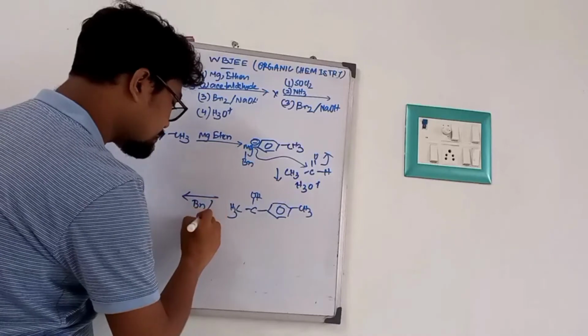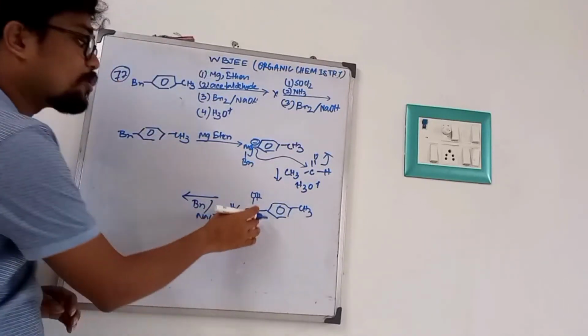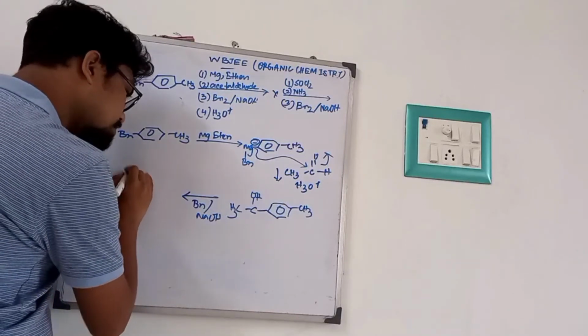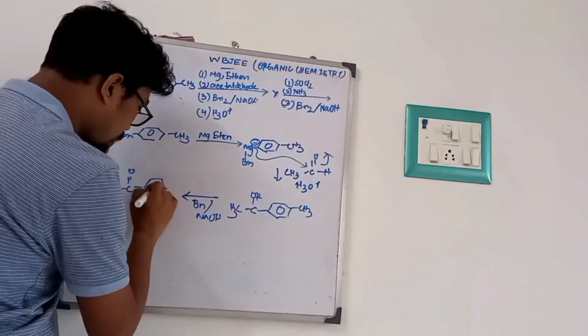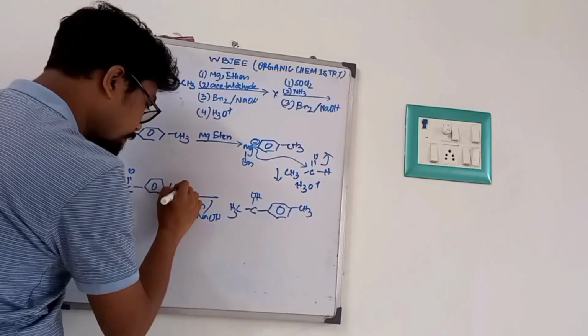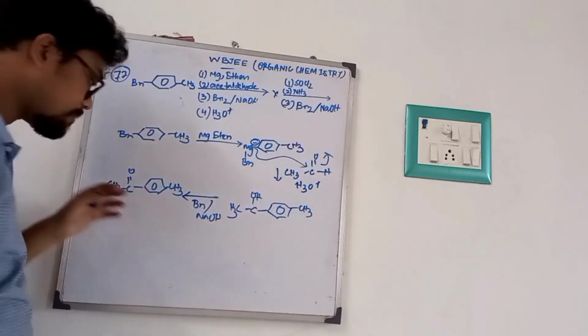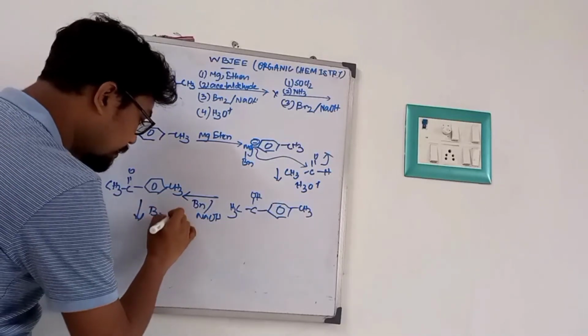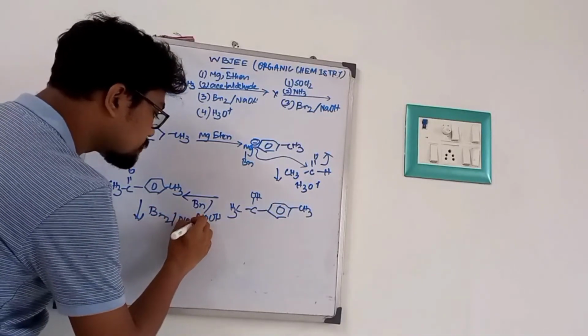Br2 with NaOH can oxidize this one, so we have CH3COCH3-type ketone. After the oxidation, what will Br2 NaOH do?